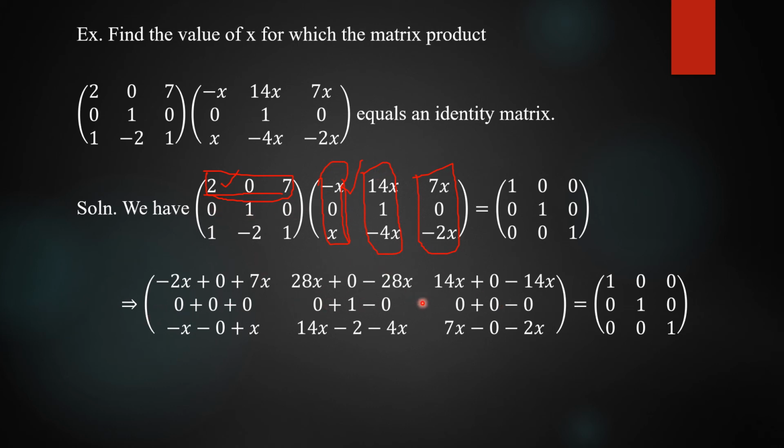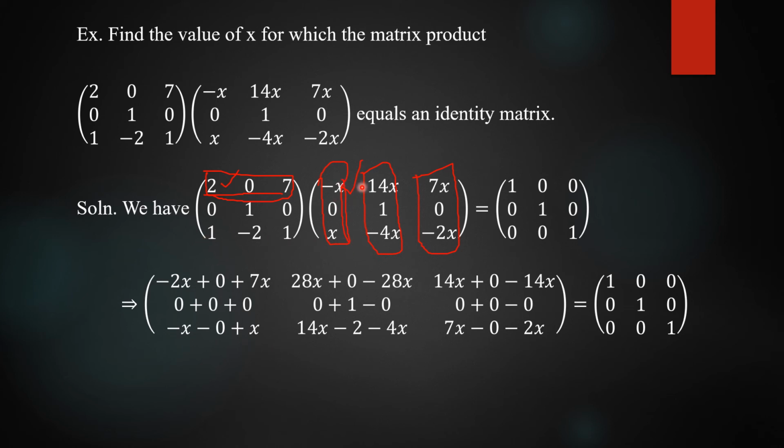So this is the product of the second row with the first, second and third columns. Now come to the third row. Again repeat the same process with the first, second and third columns. So 1 into minus x is minus x, minus 2 into 0 is 0, then 1 into x is x. So third row, first column completed.